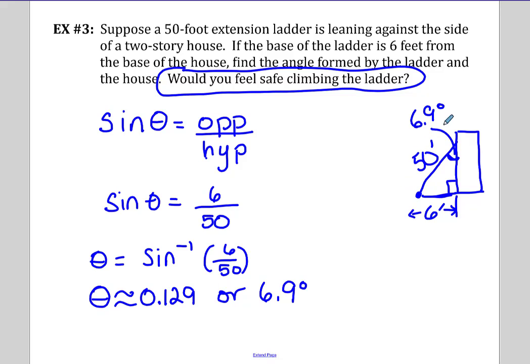And if that angle is 6.9 degrees, then this angle down here is going to be about 83 degrees? I would say not such a good idea to climb a ladder. That's way too steep of an angle. It's almost straight up and down against the house. So not a good plan to climb that ladder.